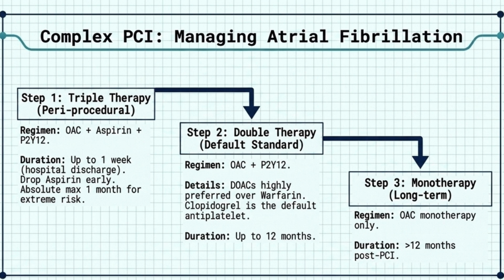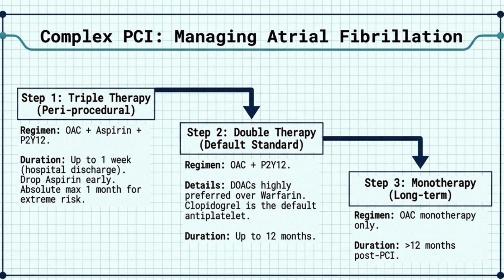Finally, once the patient successfully reaches the 12-month mark post-PCI, the antiplatelet is safely dropped entirely, and the patient steps down to long-term oral anticoagulant monotherapy. So, remember this core principle for your clinical practice.